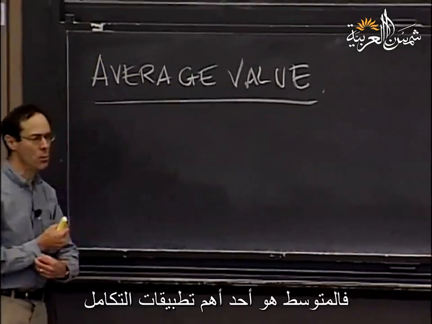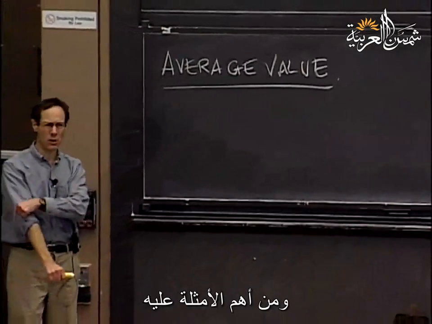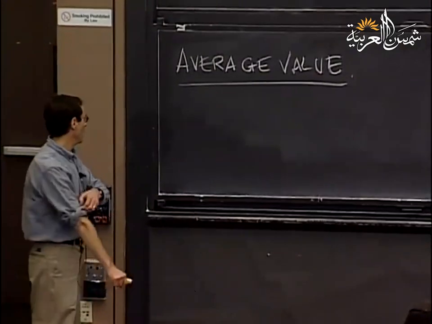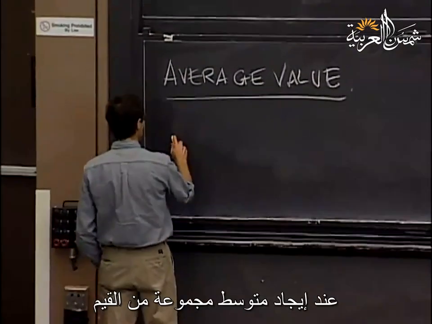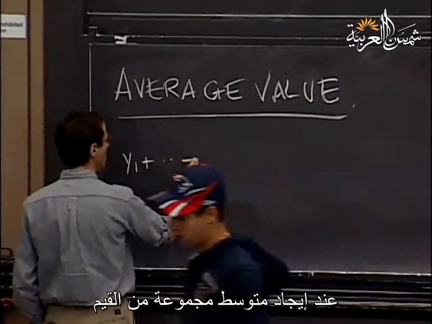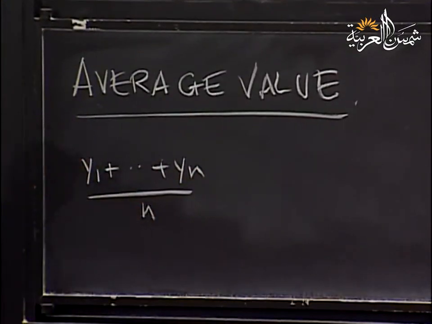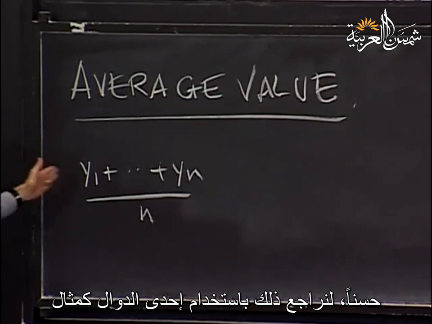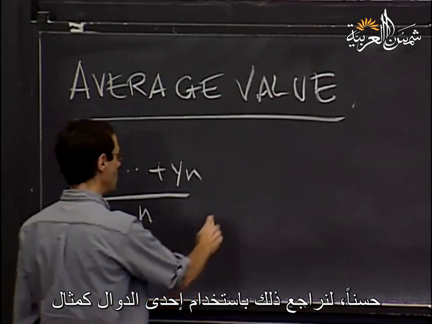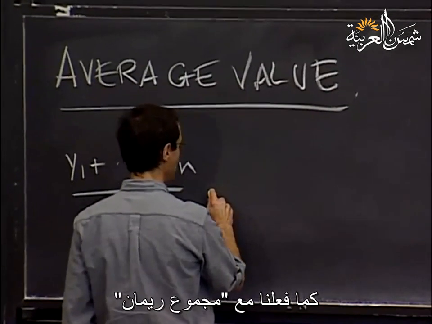This is one of the most important applications of integrals, one of the most important examples. If you take the average of a bunch of numbers, that looks like this, and we can view this as sampling a function as we would with a Riemann sum.